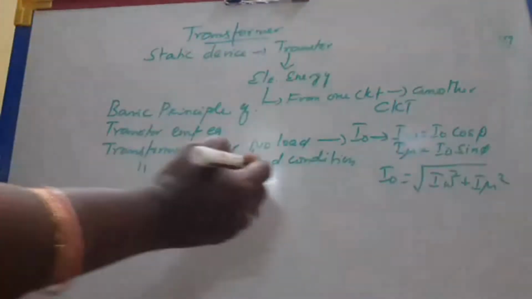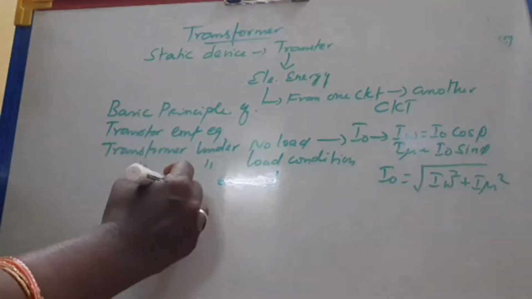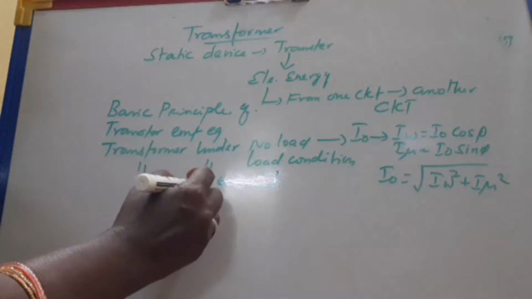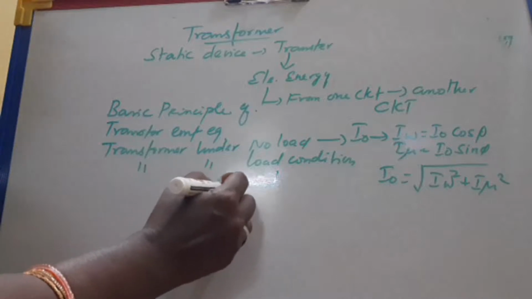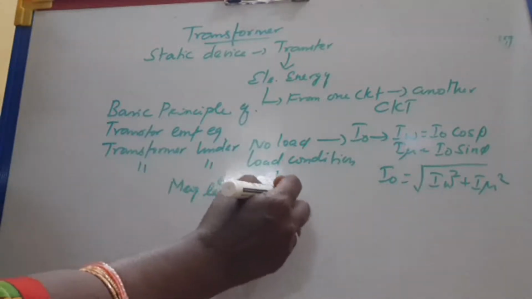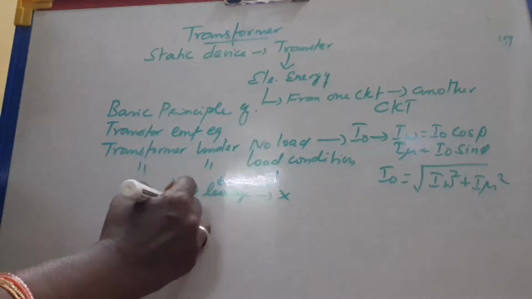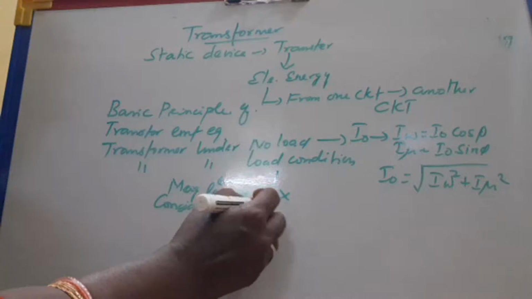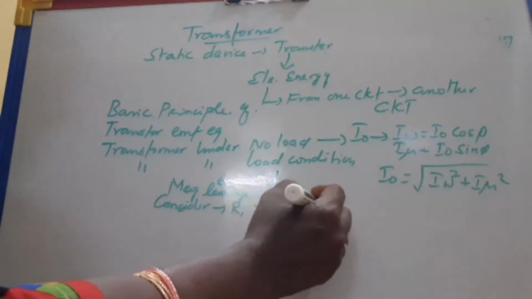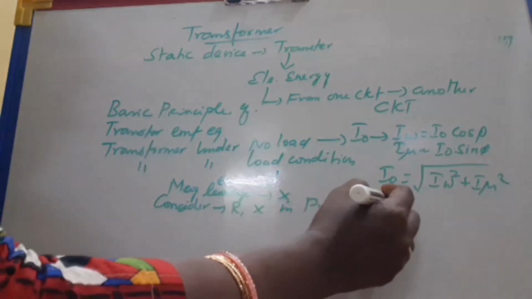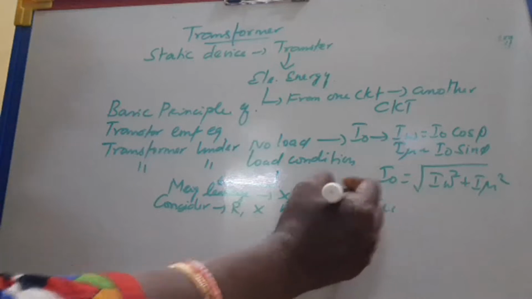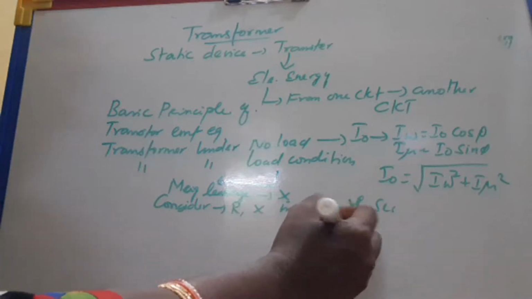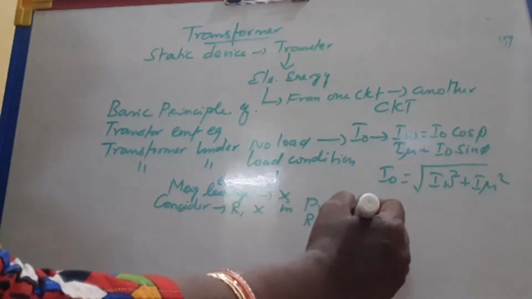In the loaded condition, we consider the magnetic leakage, due to which we get the reactance X. We take resistance and reactance in the primary as well as the secondary: in the primary R1 and reactance X1, in the secondary R2 and X2.